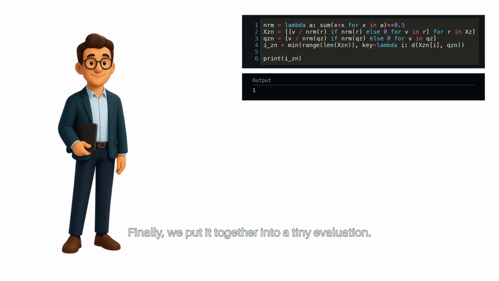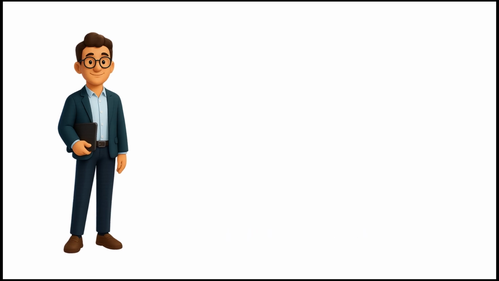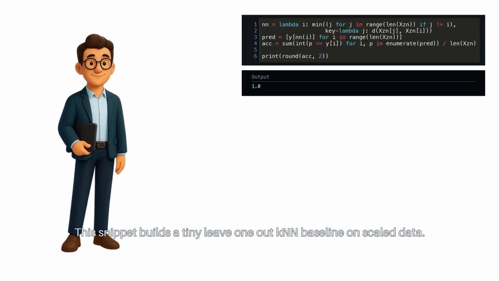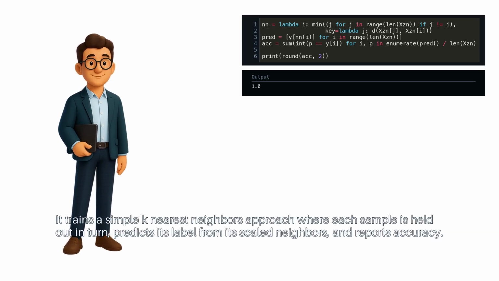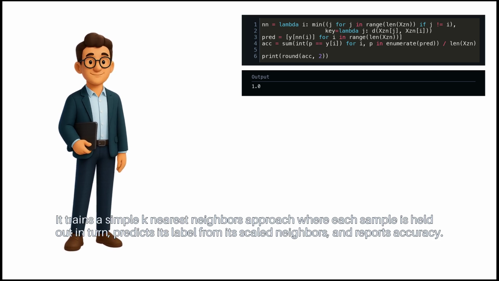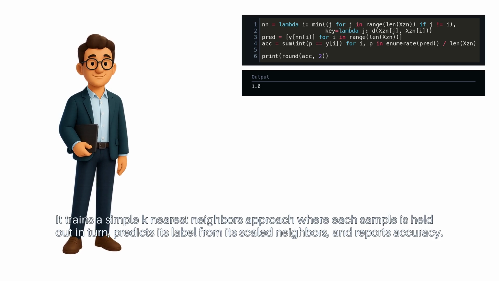Finally, we put it together into a tiny evaluation. This snippet builds a tiny leave one out KNN baseline on scaled data. It trains a simple k-nearest neighbors approach, where each sample is held out in turn, predicts its label from its scaled neighbors, and reports accuracy.